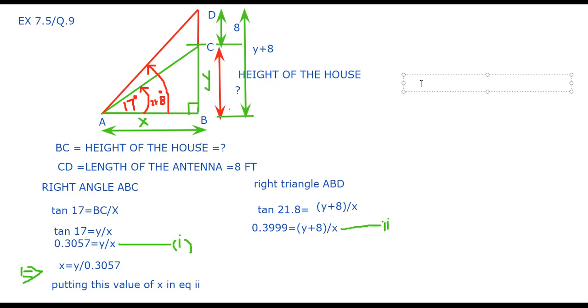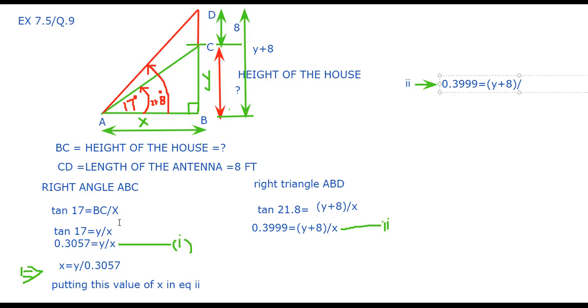In equation number 2, first of all, you have to mention this is equation number 2. I am working on equation number 2, which is written as 0.3999 equals y plus 8, where y is actually BC, which is required to be calculated, divided by x.